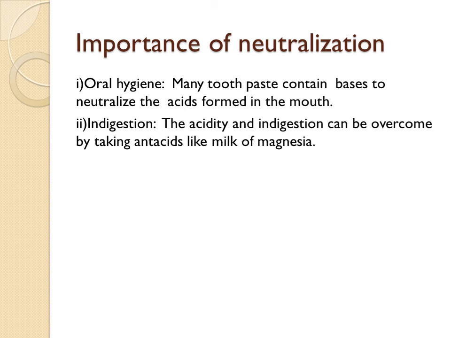Do you know what milk of magnesia is? Milk of magnesia is magnesium hydroxide, which is used as an antacid. This is basic in nature and it reduces the effect of hydrochloric acid produced in our stomach, and we may get relief from pain.